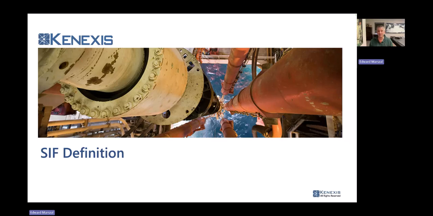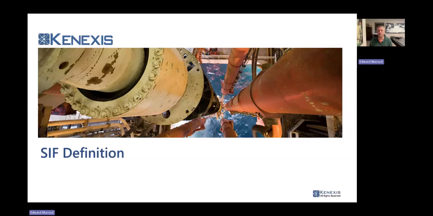Mistakes in SIF definition get carried all throughout the rest of the safety life cycle, and they can lead to a lot of problems, including the complete inability to achieve your required SIL targets, massive amounts of extra equipment, unnecessary increased testing requirements.